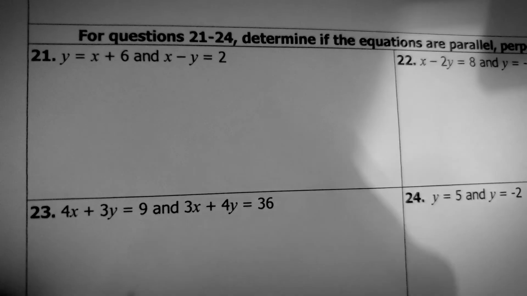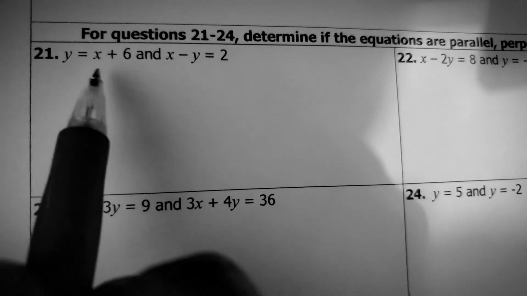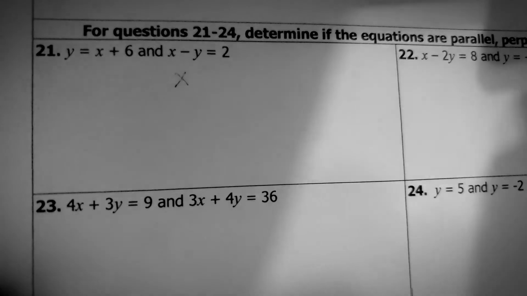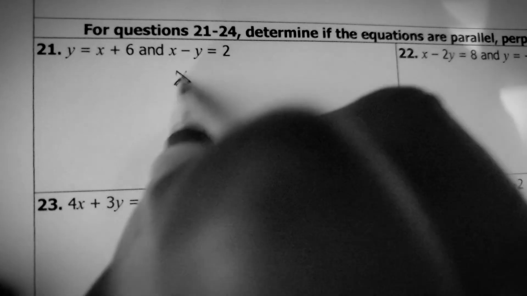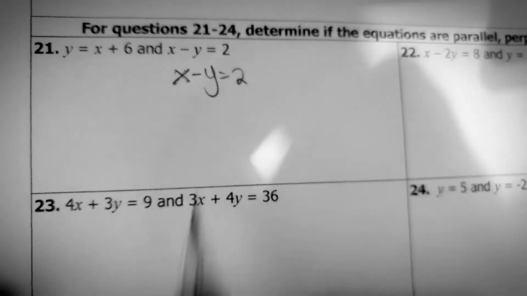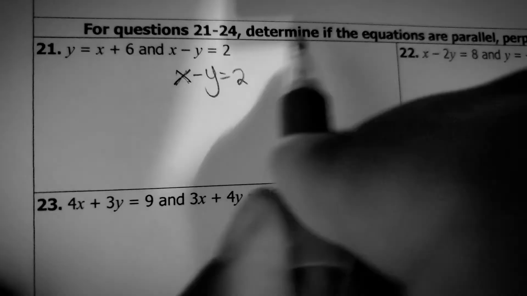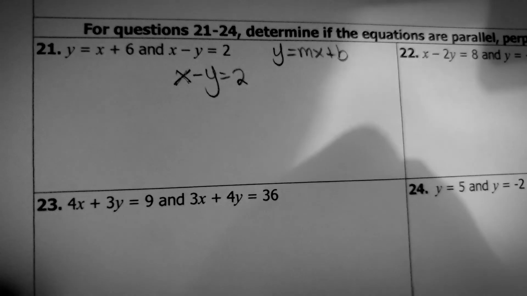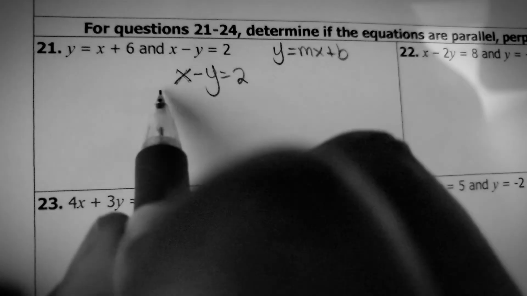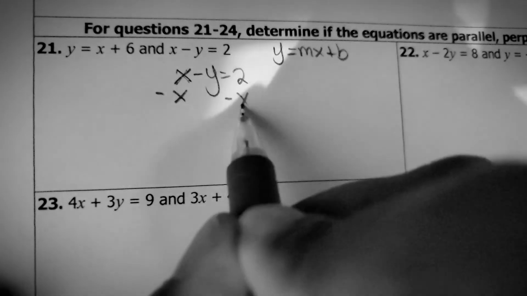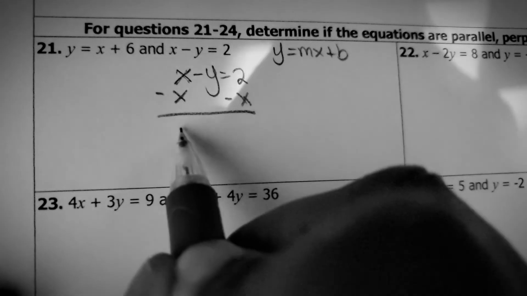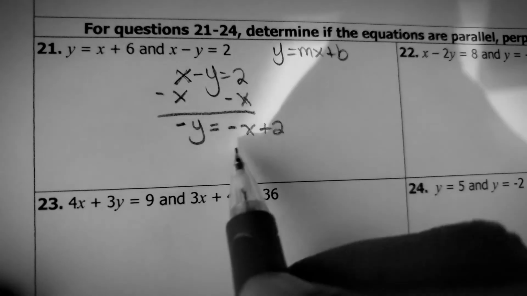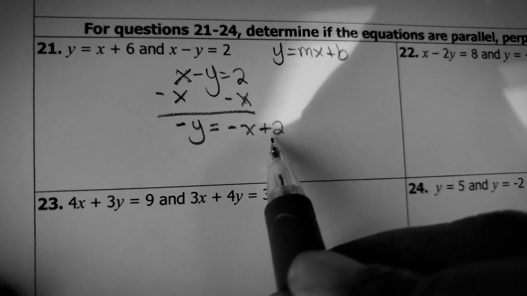The very first equation is already written in y equals mx plus b form. So I'm going to take the second equation, x minus y equals 2, and rewrite it so that it is in y equals mx plus b form. And that just means I'm going to solve for y. So in solving for y, I'm going to subtract x from both sides. And I get that negative y is equal to negative x plus 2. Always have the x term in front of the constant.